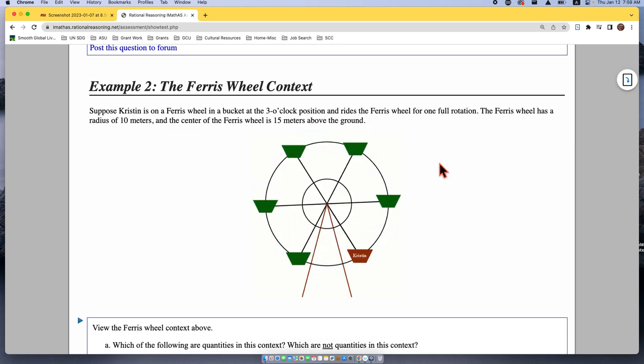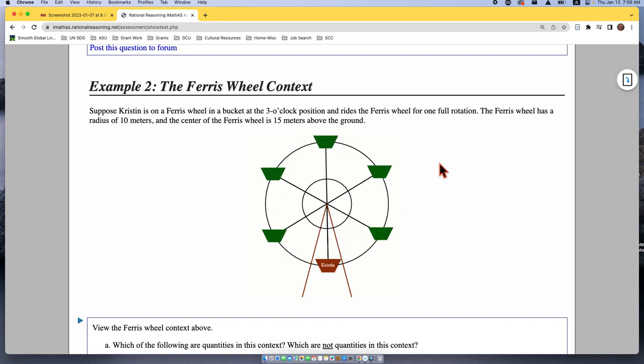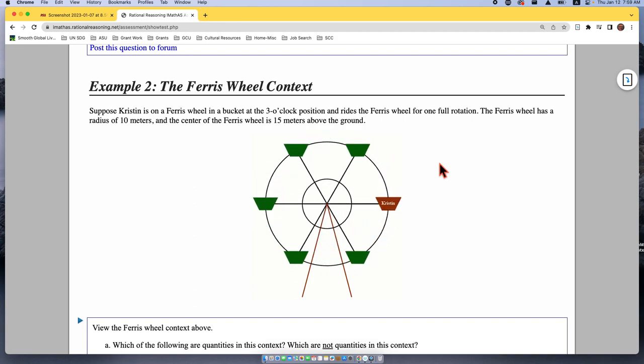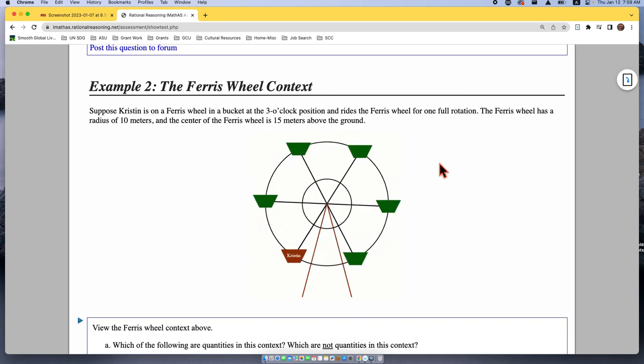Sometimes if we refer to the center, she's negative, because she's below the center. So this activity gets you working with positive and negative values. But she's always above the ground, because you don't want your Ferris wheel to go into the ground.